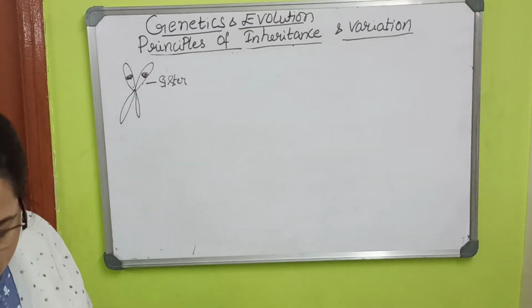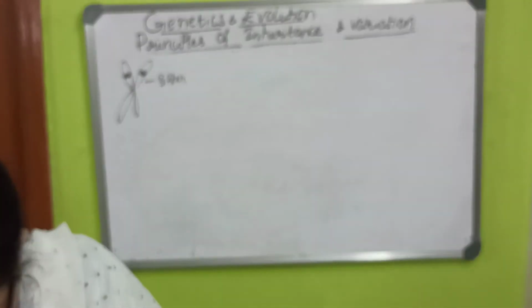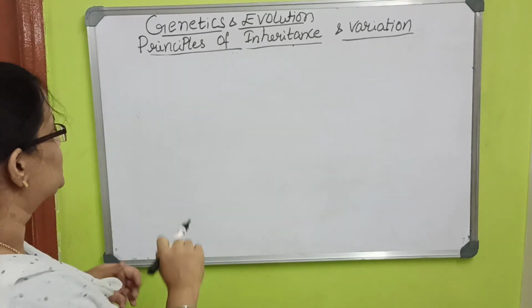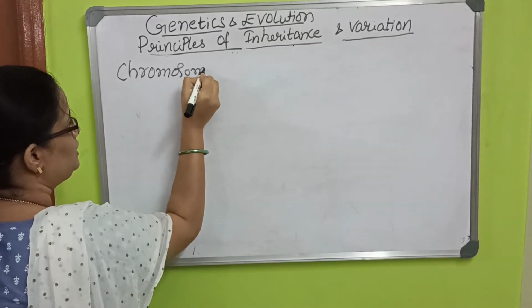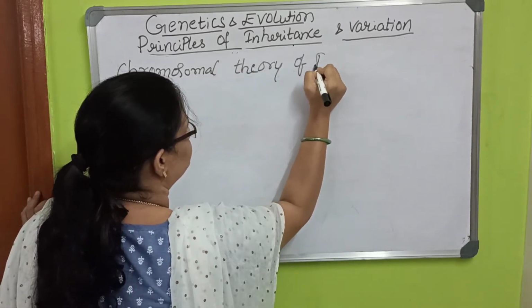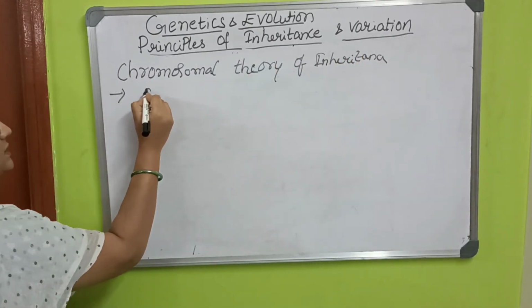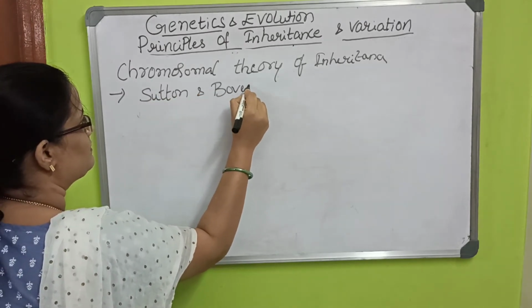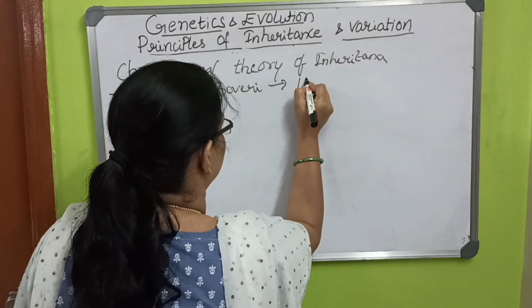In the chromosomal theory of inheritance, regarding chromosomes, Sutton and Boveri discovered it in 1902.